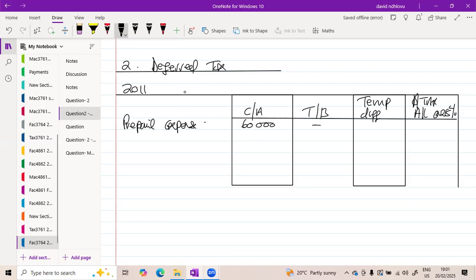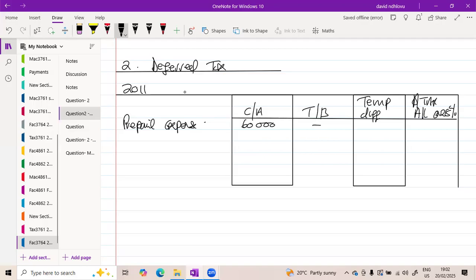For accounting purposes, with a prepayment, what we normally do is say we are applying the accruals concept. In applying the accruals concept, a prepaid expense does not belong to the current year. It's going to be accounted for in the next year. So we don't expense it in the current year, but we create a balance, which is the prepaid expense asset account. But SARS says you can deduct this amount in the current year.